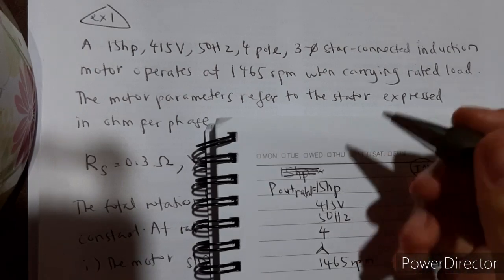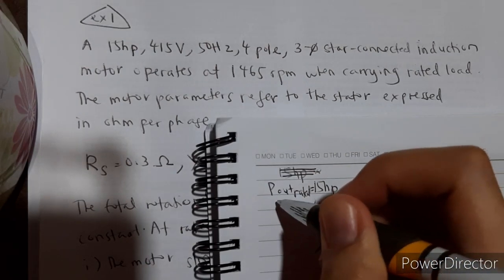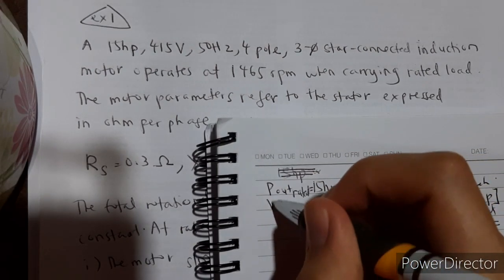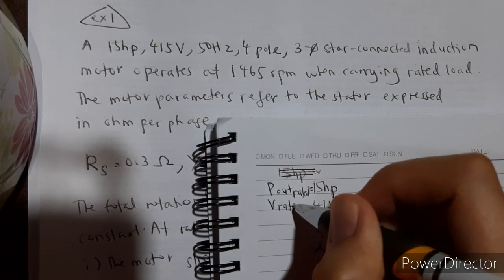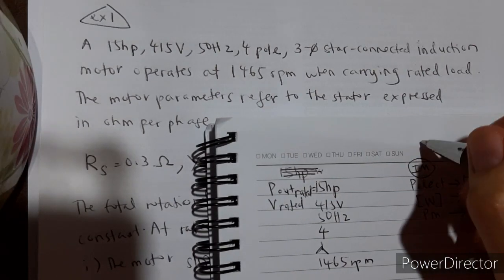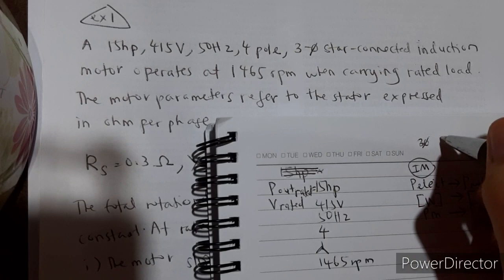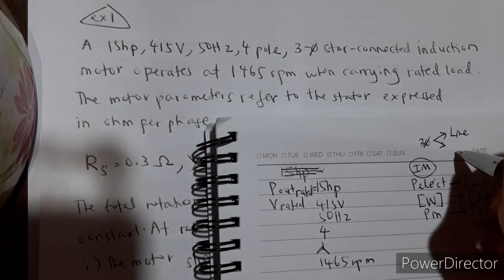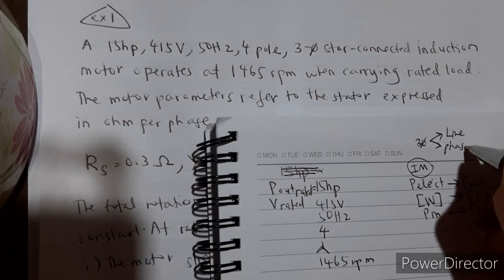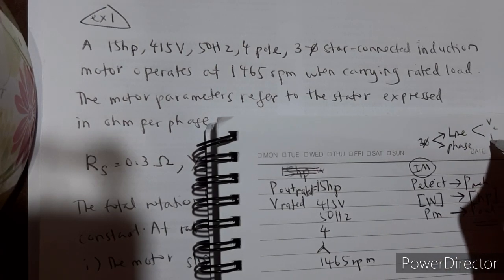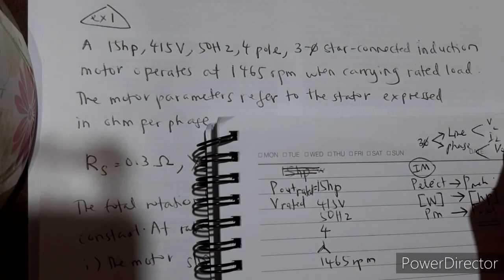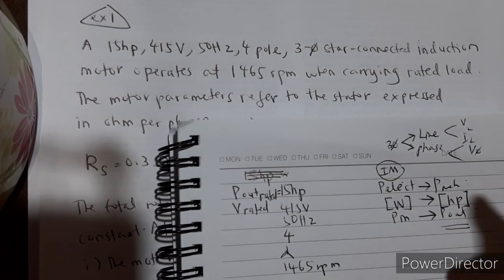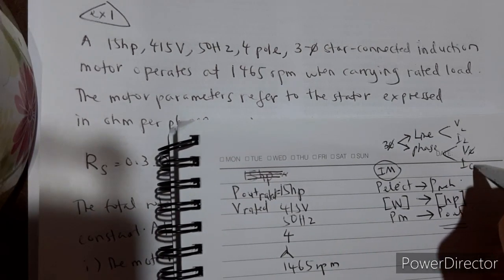So 15 volt is the V rated. Now your induction motor is 3-phase, so we have line value and phase value: V line, I line, V phase, I phase.